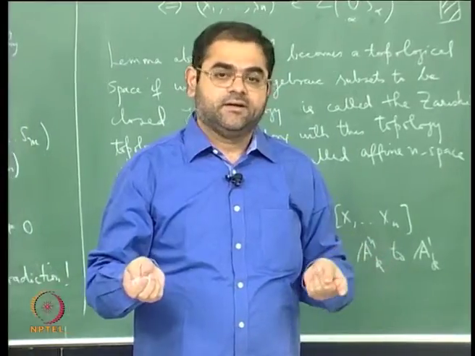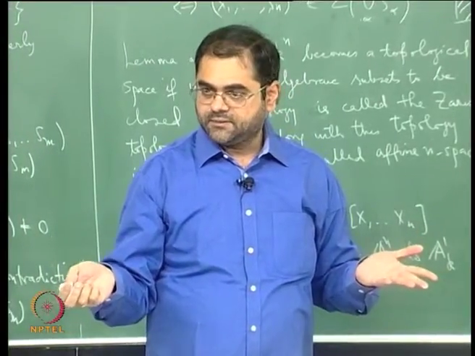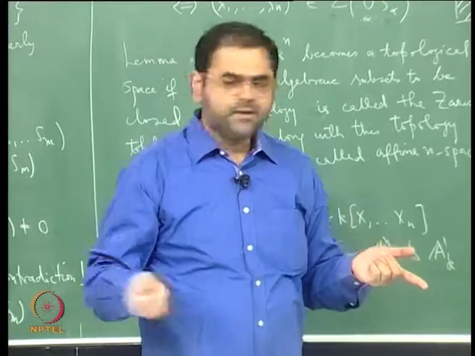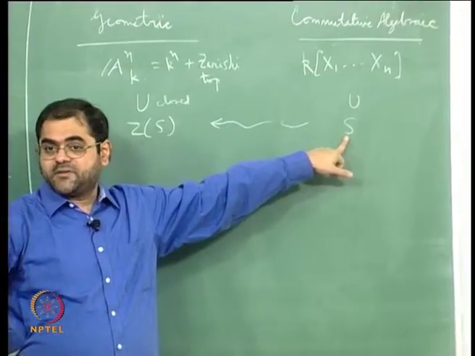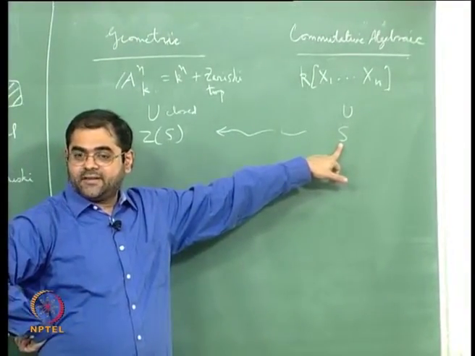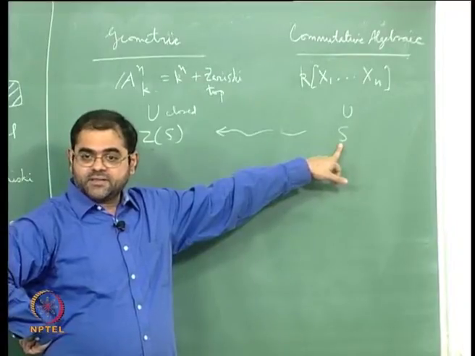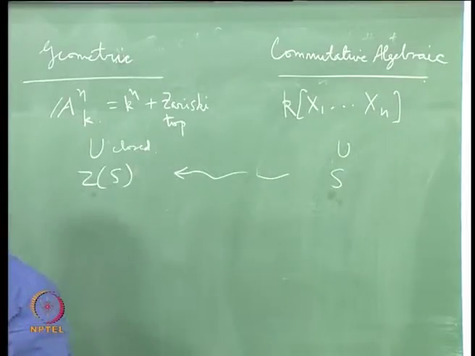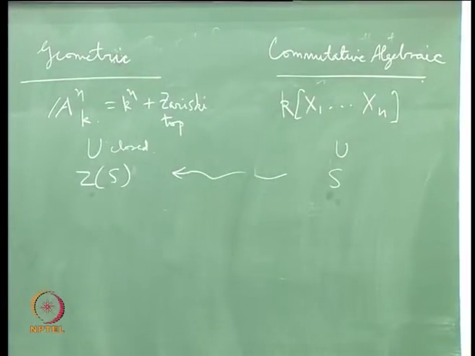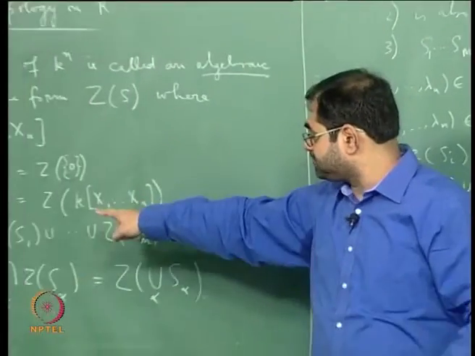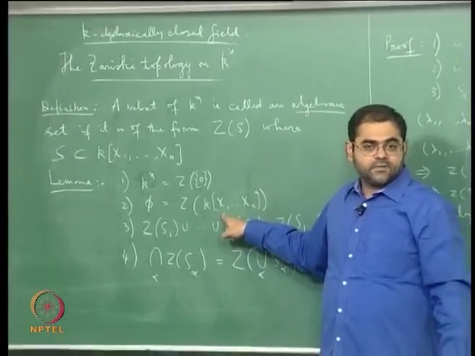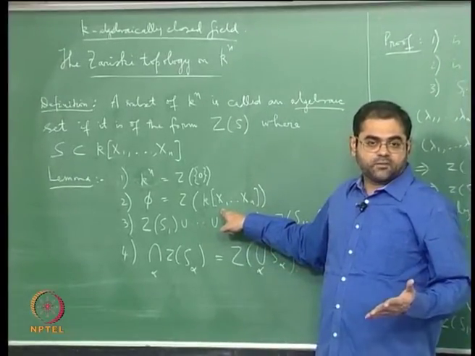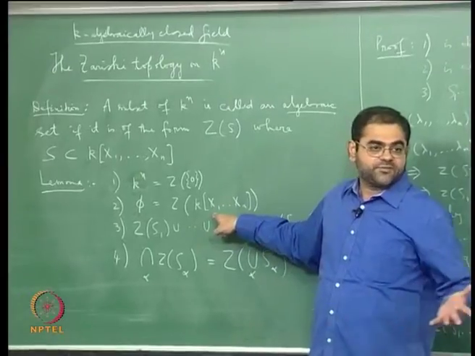The interesting subsets are, well, one could be ideals, the other could be subrings. But there's no point in taking a subring here. The problem is, if you take a subring, then it contains 1, and the moment it contains 1, Z of 1 will become empty, because Z of S will always become empty the moment S contains a unit, because a unit is a non-zero constant polynomial which never vanishes.